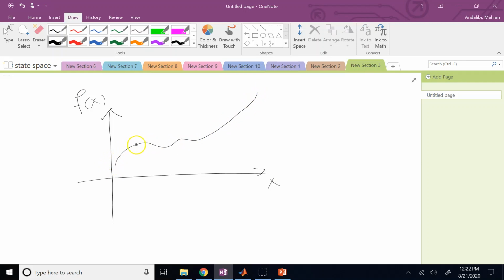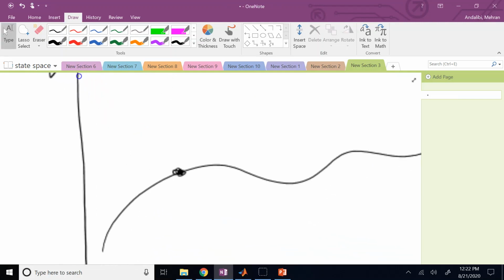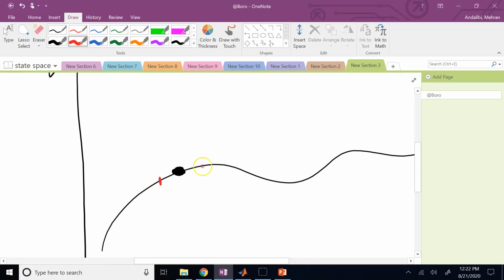So I say if I'm in here, if I'm at the moment x is here, I just look around this current operating point. So let's say at the moment, I'm just limited to this area. In this area, I can say the function is well approximated by a line.